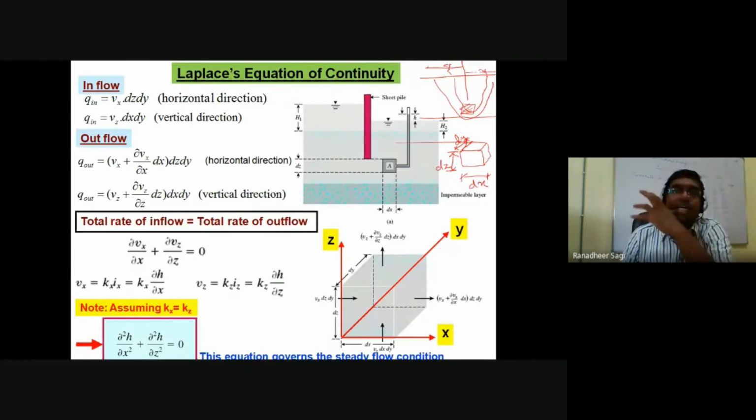And we understood that the flow is not happening in the y direction because the length of that soil in the y direction is relatively extended to a longer distance.